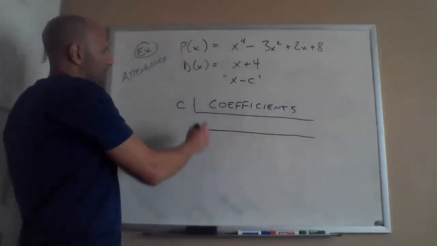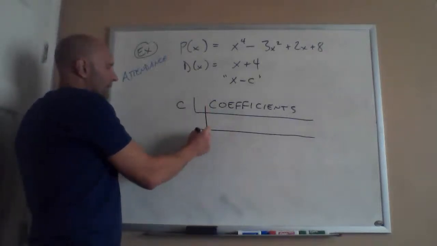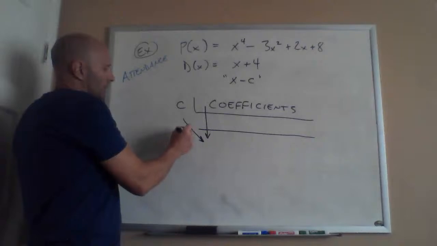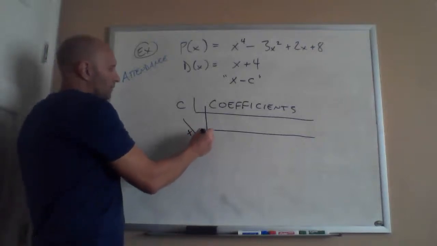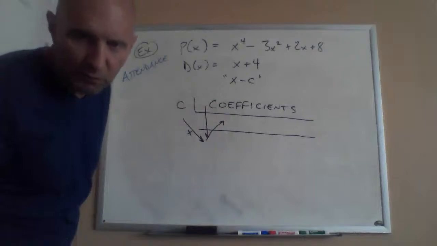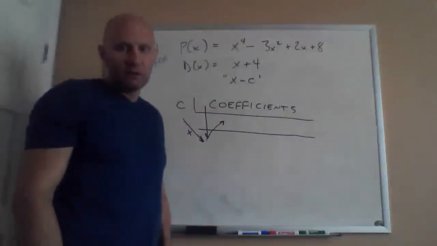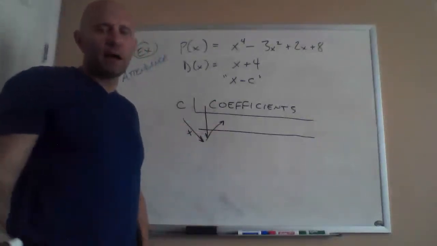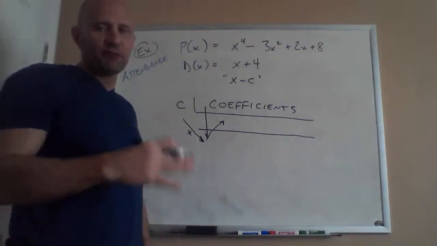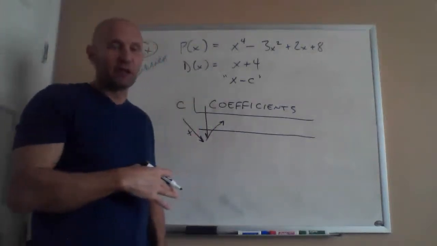And so the process is going to be bring down this first number. Then we multiply these two numbers. That goes up into the middle line. Do you have to use placeholders? Absolutely. So with any polynomial division, if we are missing a term, we have to have a placeholder, and especially with synthetic division.